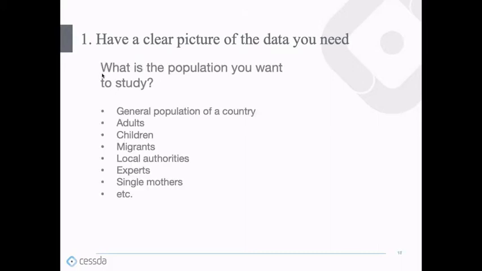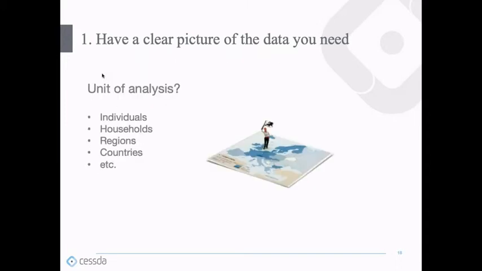Also ask yourself, what is the population you want to study? Data may be representative for various kinds of population. For example, general population of a country, adults, migrants, local authorities, single mothers, and many others. You must also know what is the unit of analysis.